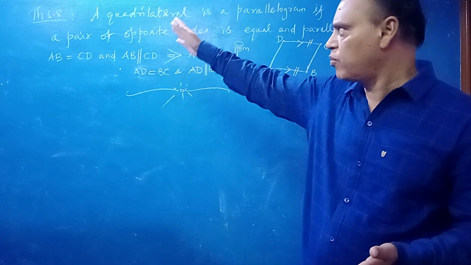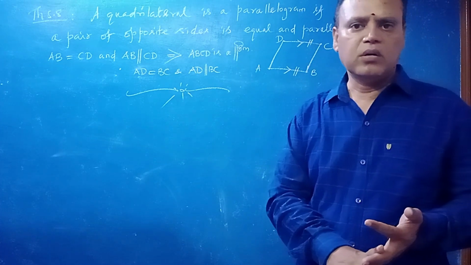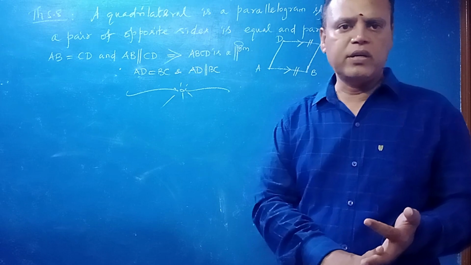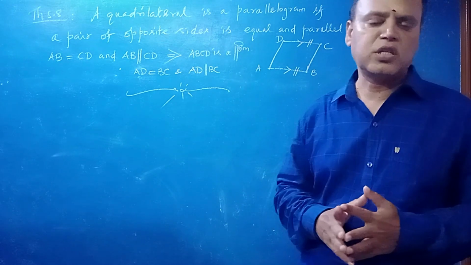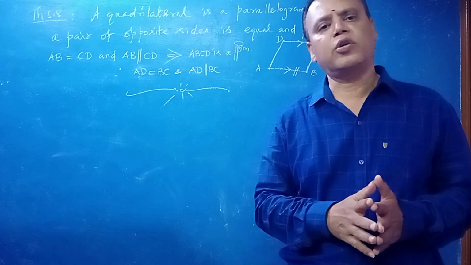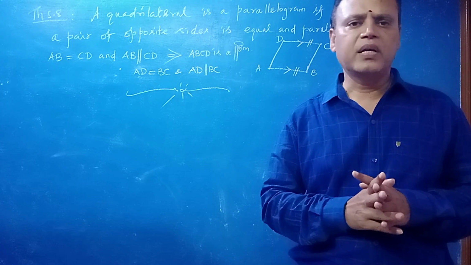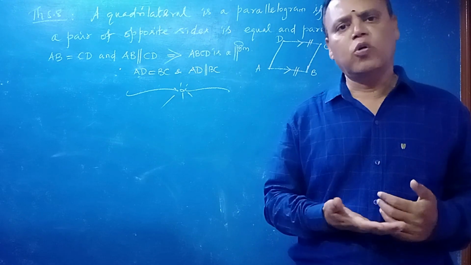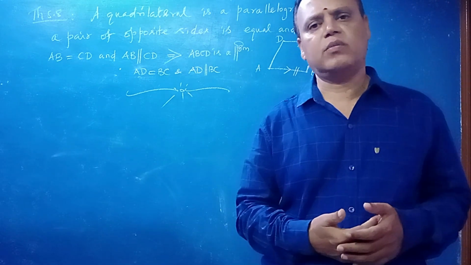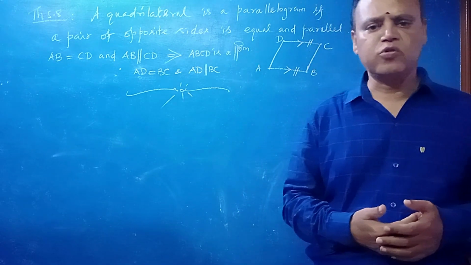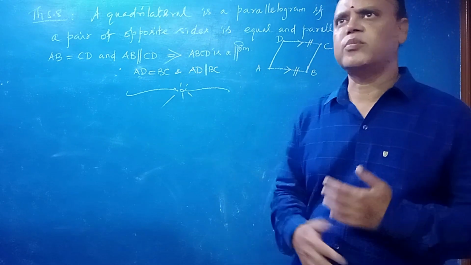There are so many theorems, up to 8.8 theorems we have studied. So all the concepts you have to practice and remember thoroughly, that is very important. So that you can easily do the homework problems. If you thoroughly understand the concept, you can easily do them.